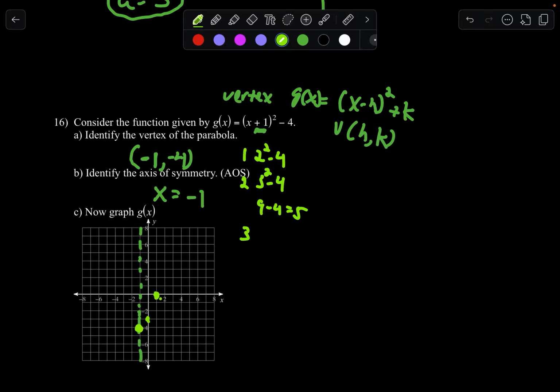So x equals 2 is at 5, and I think that's as high as you can go. Because if you plug in x equals 3, 3 plus 1 is 4, 4 squared is 16, minus 4 is 12, and it's well off the grid.